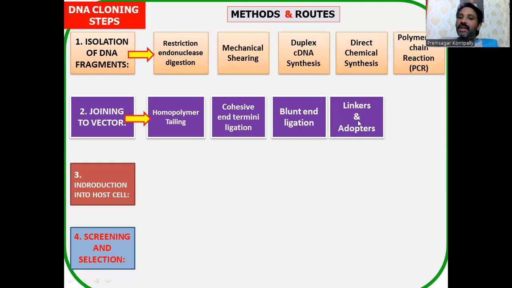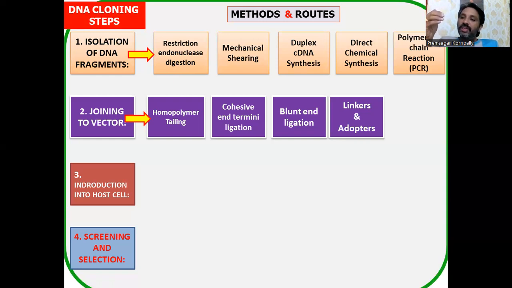And the linkers and adapters. Again, I'm telling you, whenever you have DNA fragments, maybe genomic or cDNA molecules, which are blunt-ended, you can add linkers. The linkers are short oligonucleotides with an internal restriction site. So you can add linkers to the blunt-end DNA fragments, followed by the restriction digestion that leads to the formation of cohesive ends.